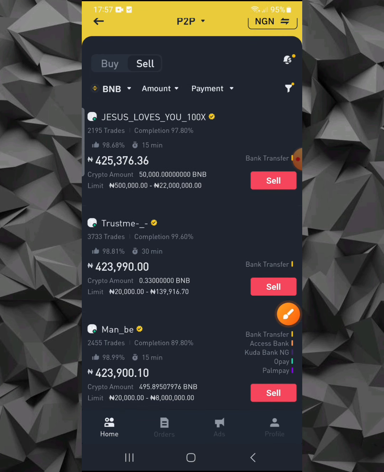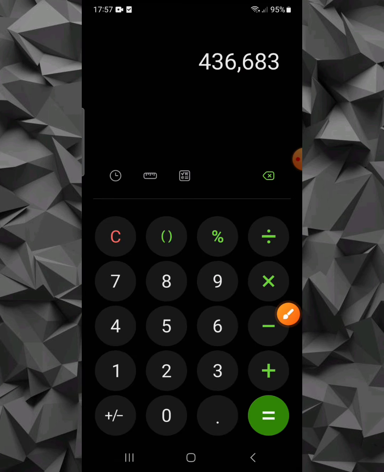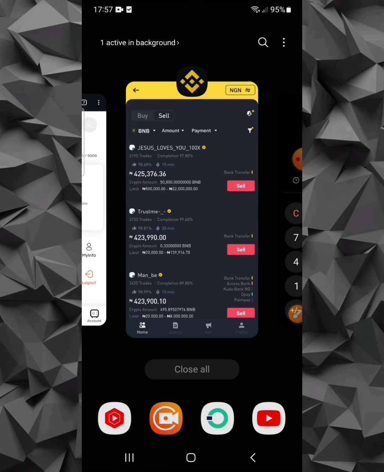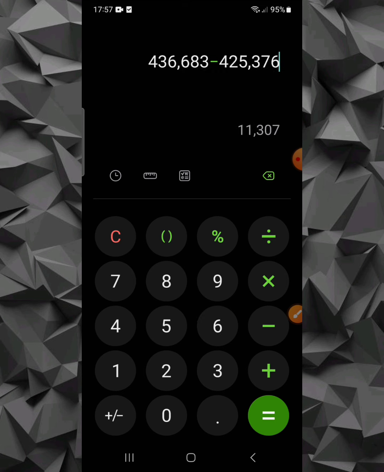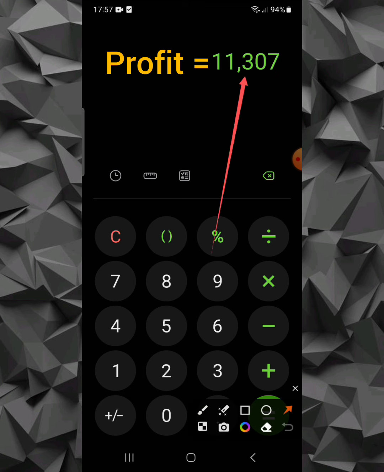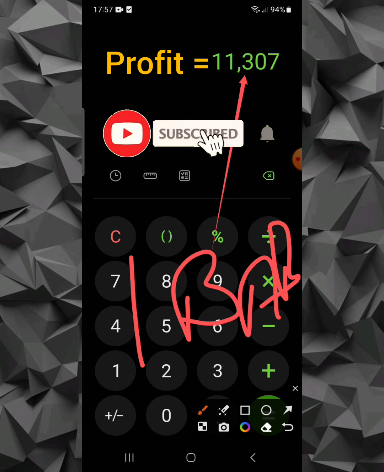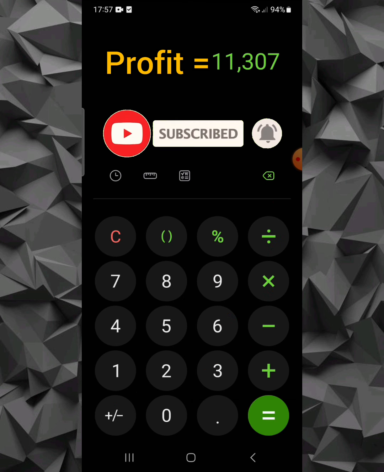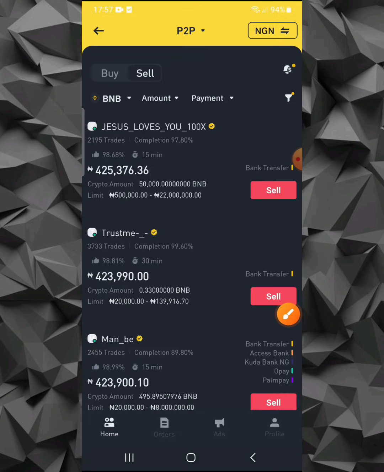Now let's do some basic calculations and subtract this. You guys can see there's about an 11,000 Naira profit margin if you want to be trading 1 BNB on the Binance P2P, okay? You're going to be getting about 11,307 Naira if you can successfully trade 1 BNB, okay?